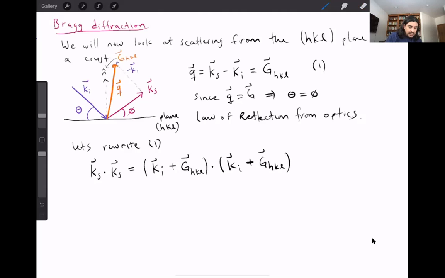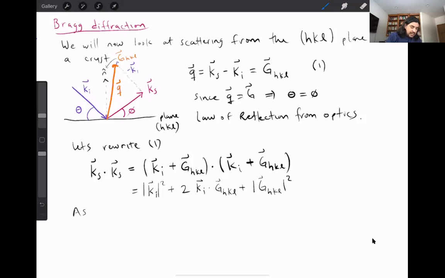When we dot Ki with Ki, we get Ki squared. And then we have twice Ki dotted with G, and then we have the magnitude of G HKL squared.